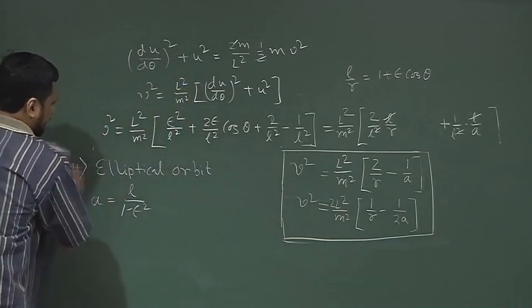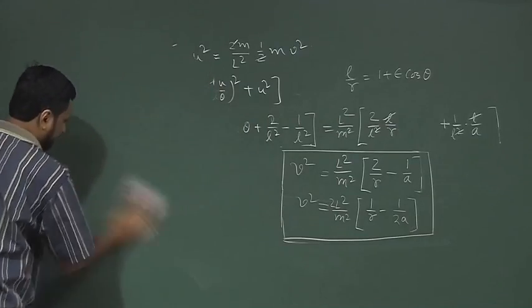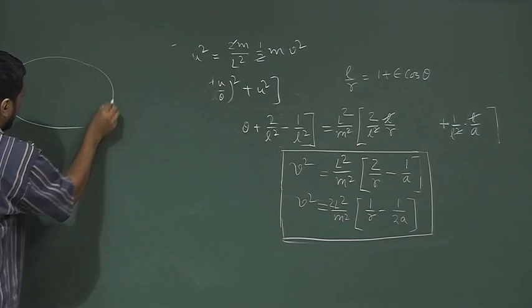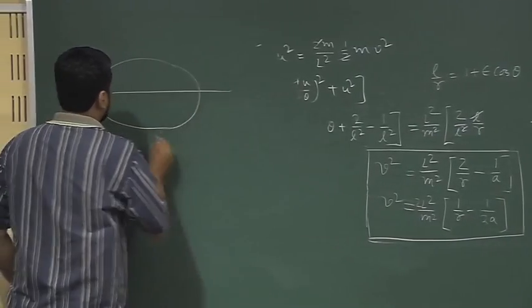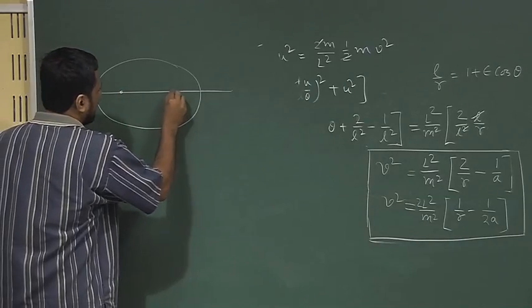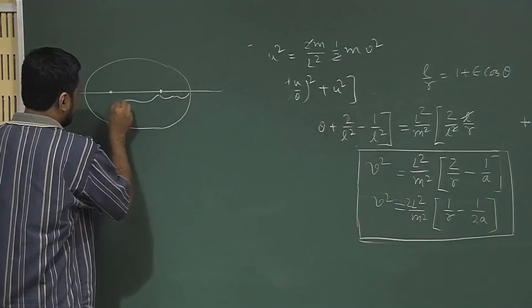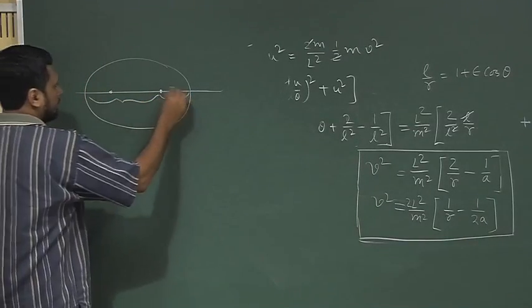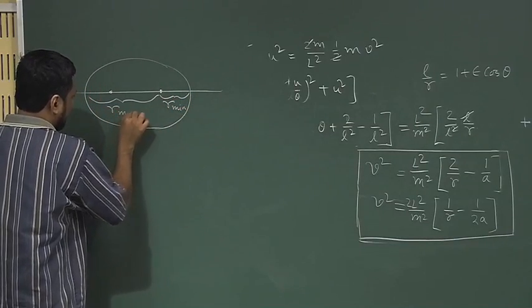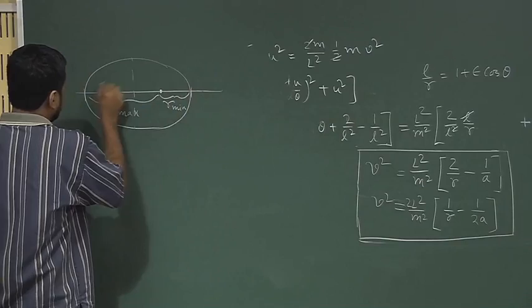Why? Because in an elliptical orbit, how does the orbit look? This is my elliptical orbit, this is my origin, let us say. So, this is the first focus, this is the second focus. So, this is the minimum and maximum length of r. This length is r min, this length is r max, and this length from here to here is 2a.